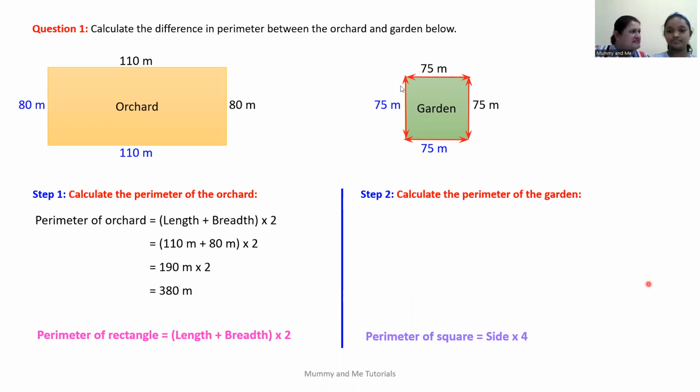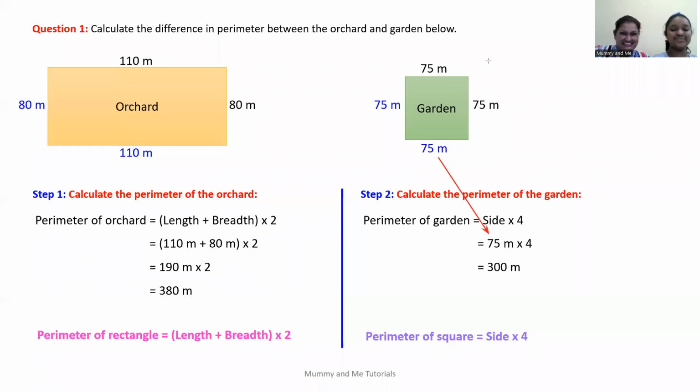And since perimeter is distance around, that means it is 75 meters plus 75 meters plus 75 meters plus 75 meters. So how do we calculate the perimeter of the garden? The perimeter of the garden is equal to side multiplied by 4, which will give you 75 meters multiplied by 4, and you will get 300 meters.